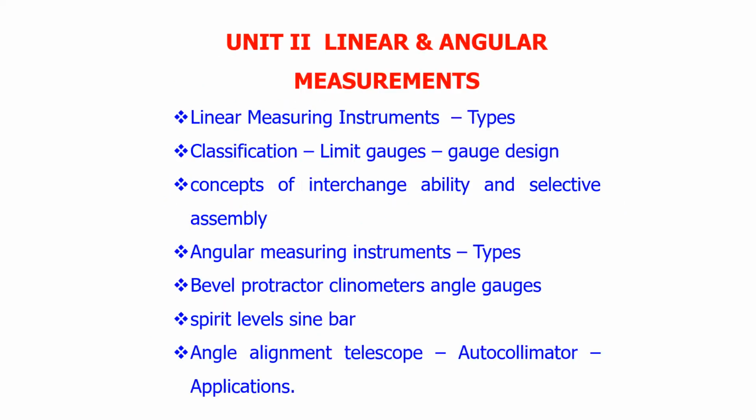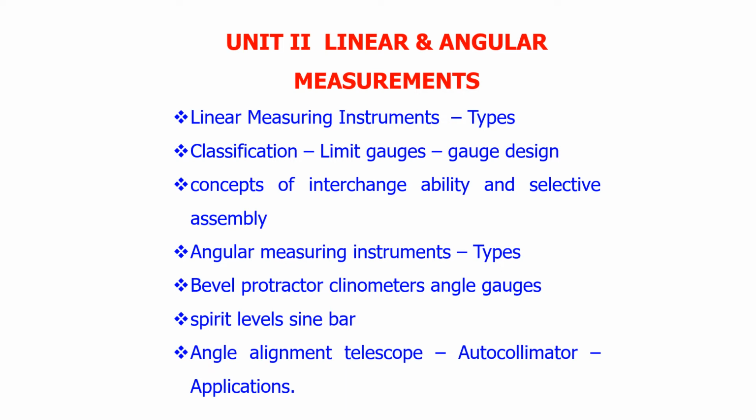In the second part of metrology and measurements, we have linear and angular measurements. Linear measurement, the term itself gives the definition: line and linear, angle and angular. Linear measurements are measured along the lines, along the surface. If it is a flat, different types of linear measuring instruments are there, and different types of gauges we have, and design requirements for the gauges, and the concept of interchangeability, which is another important phenomenon which governs the measurements.